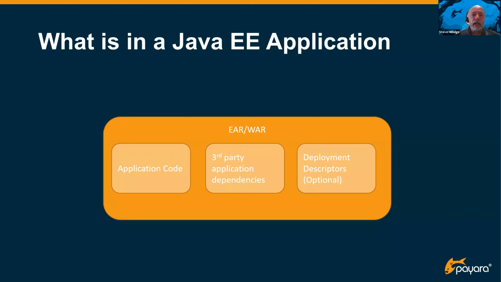Then you would package all that up into a single archive. That would either be an EAR file if it was more complicated. An EAR file would look like this, but it would also then be nested. So you could potentially have a WAR file and other jar files within it that are your application code. Or more and more people are just packaging their application into a single WAR, because in later versions of JavaEE, you could package services like EJBs within a single WAR file.